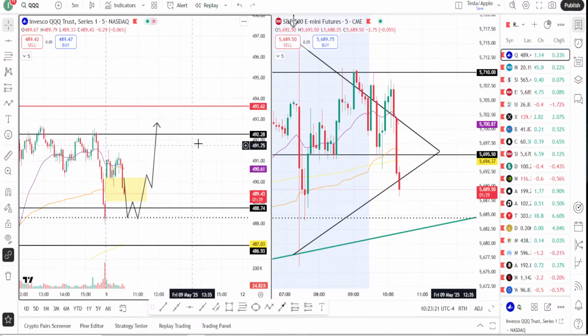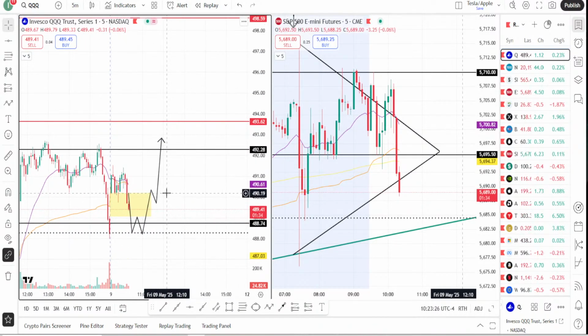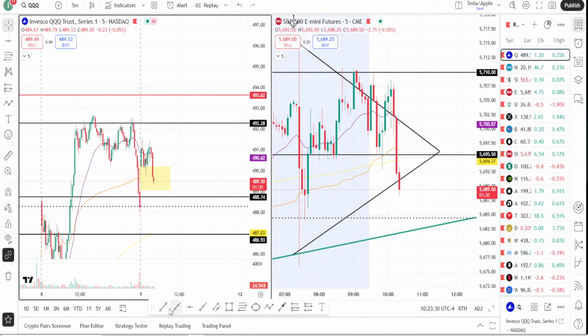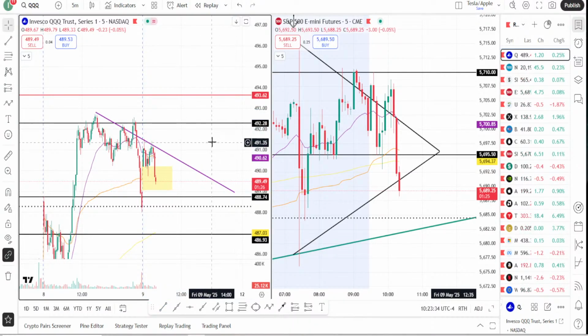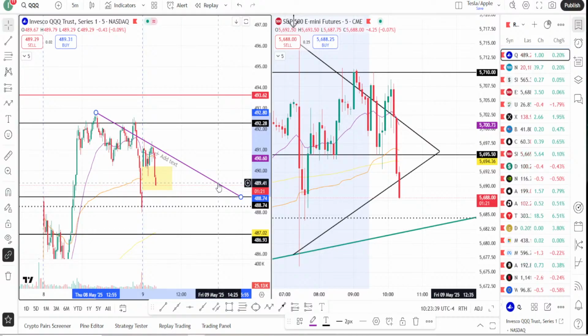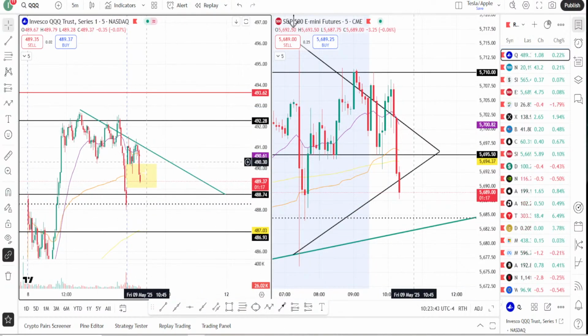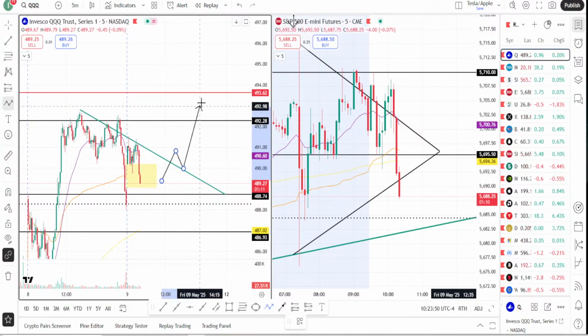Yeah, you want to see that break above the 492. We got a resistance line coming down here. That's the first thing I'll look for, a break of that, if I want to be a buyer. I'll look for a break of that first, and maybe catch a pullback from there. Break and retest.